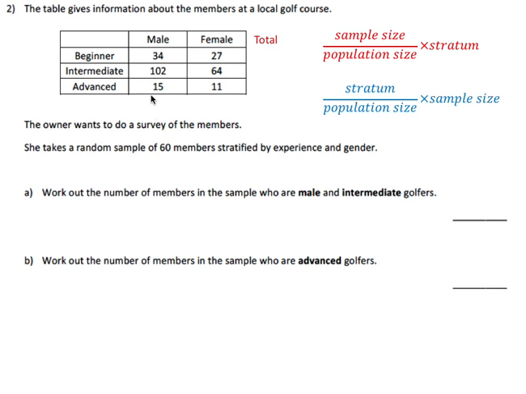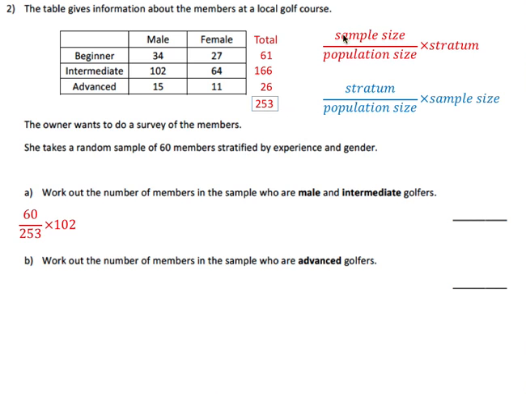So you could either do that by adding up all the male members, adding up all the female members, and then adding those two together, or you could add up each row. Okay, I've just gone for each row here. Hopefully it'll be clear in a minute why. So there are 61 beginners, 166 intermediates, and 26 advanced. And if we add those together, we get a total of 253.